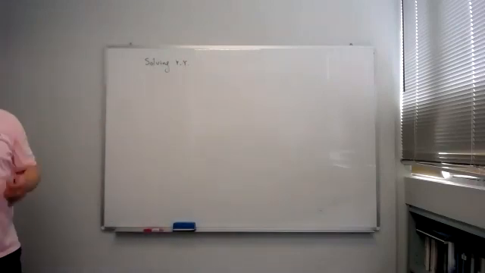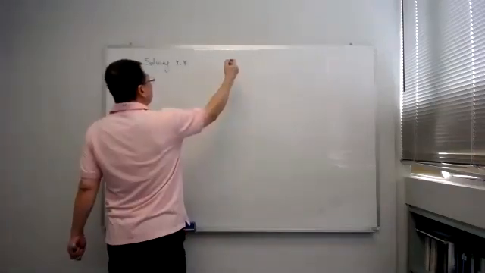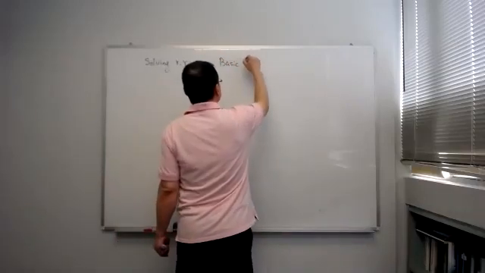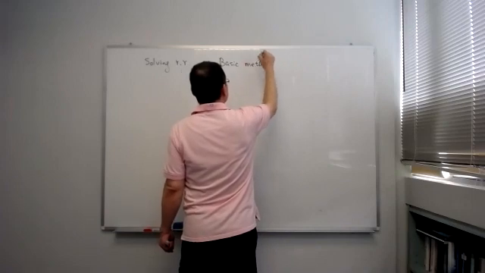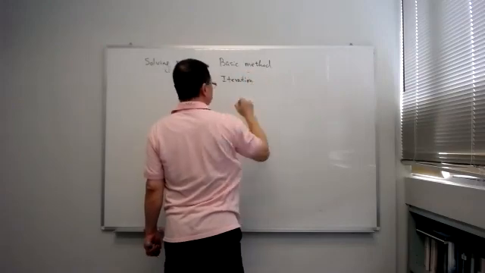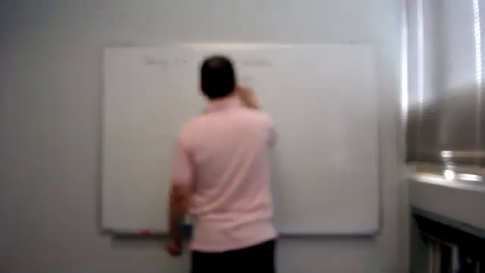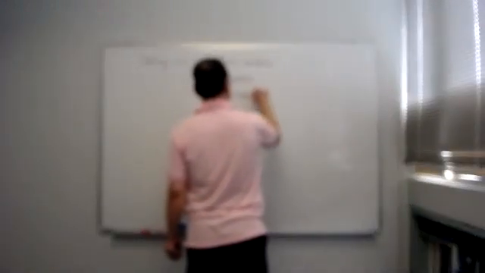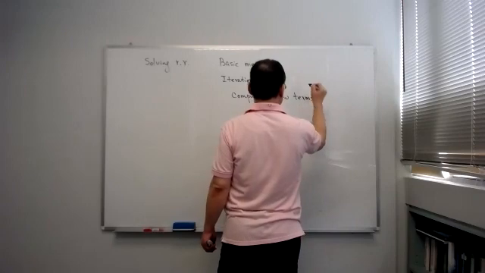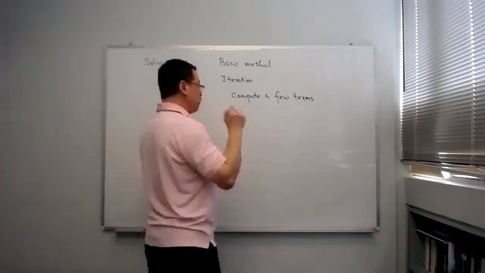So how do we solve a recurrence relation? The very basic method is to use iteration. What we do is compute a few terms, then try to find a pattern and guess a formula.